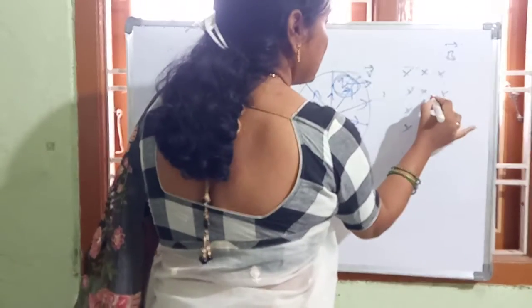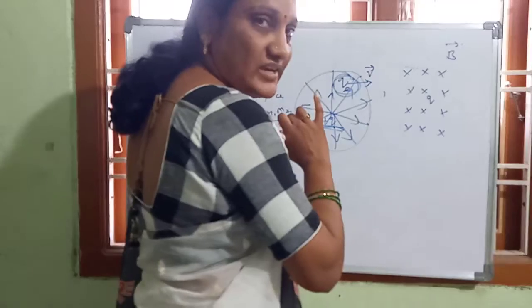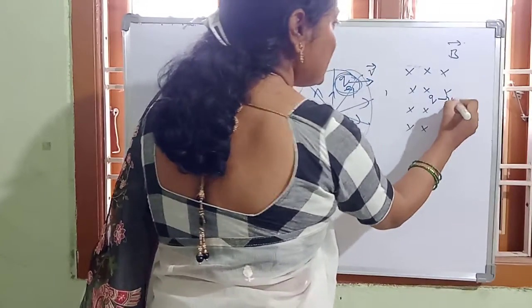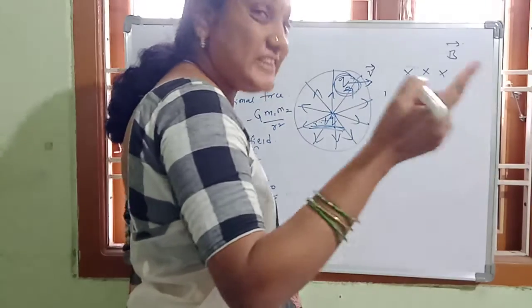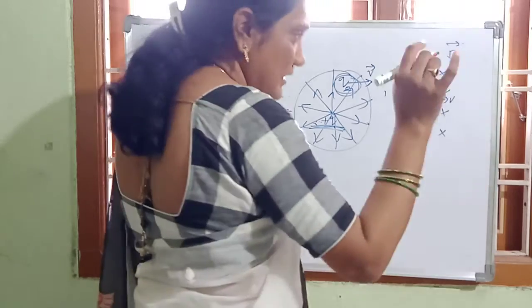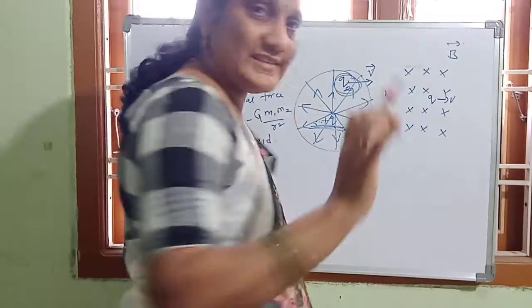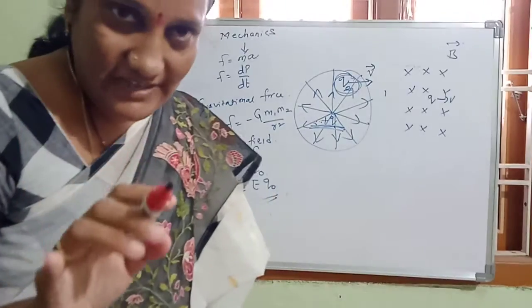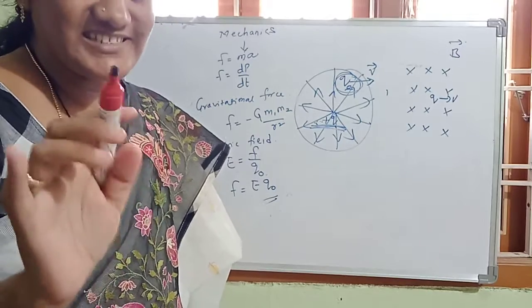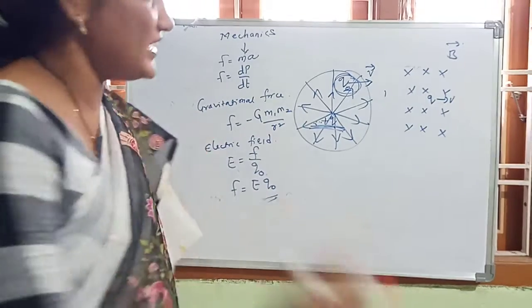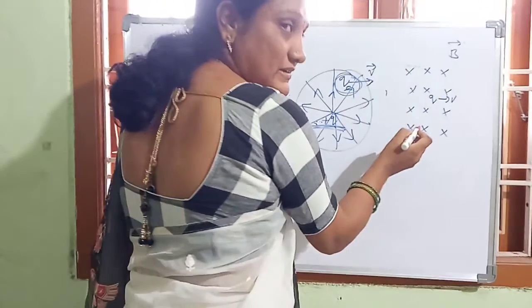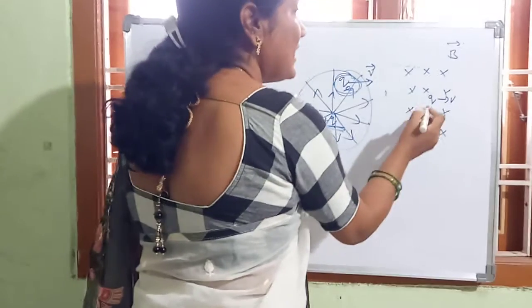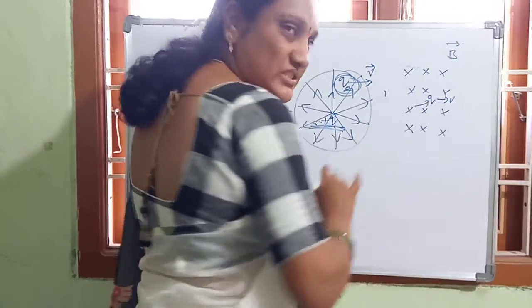If I introduce a charge in this magnetic field, with V being the velocity at which this charge is moving, then when an electric charge is introduced in a magnetic field, the magnet will apply a certain force.